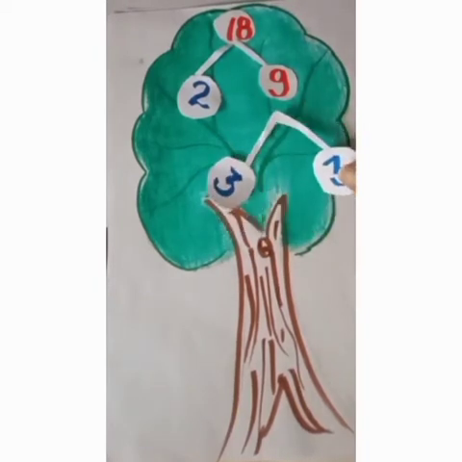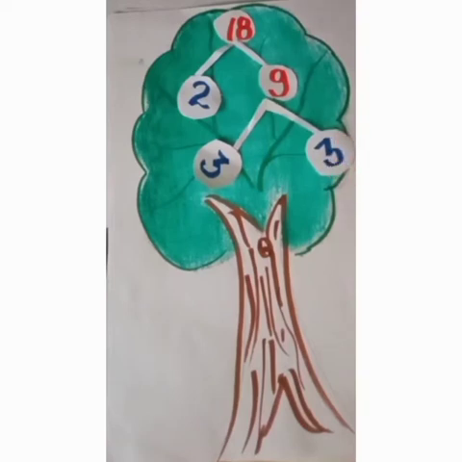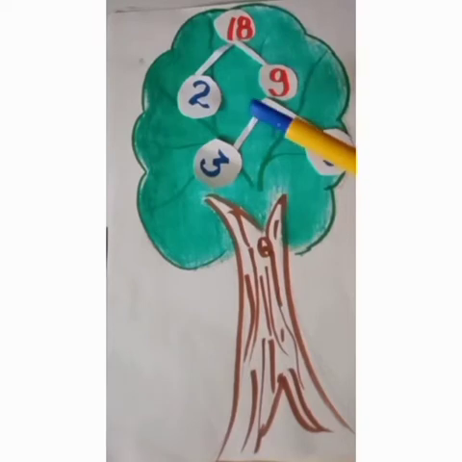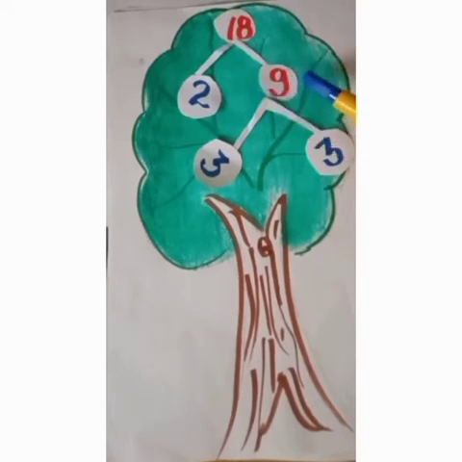Then it split into the other two, 3 and 3. Now number 18 got the prime numbers 2, 3, 3.